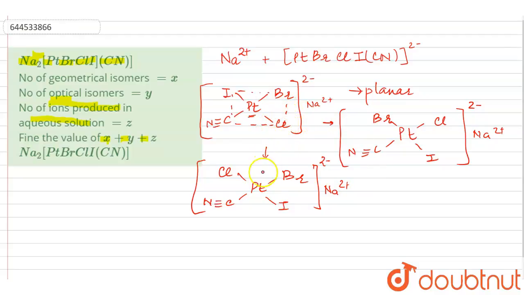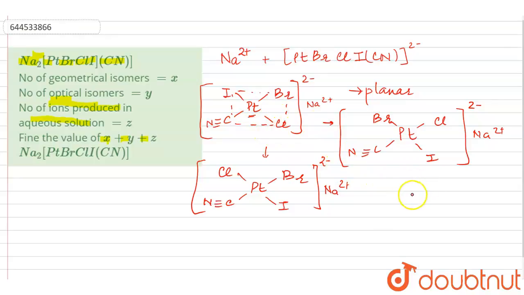If we draw chlorine at another position, it will come in the same surrounding of cyanide and bromide that is already present in the first one. So we have to see the surrounding atoms also.